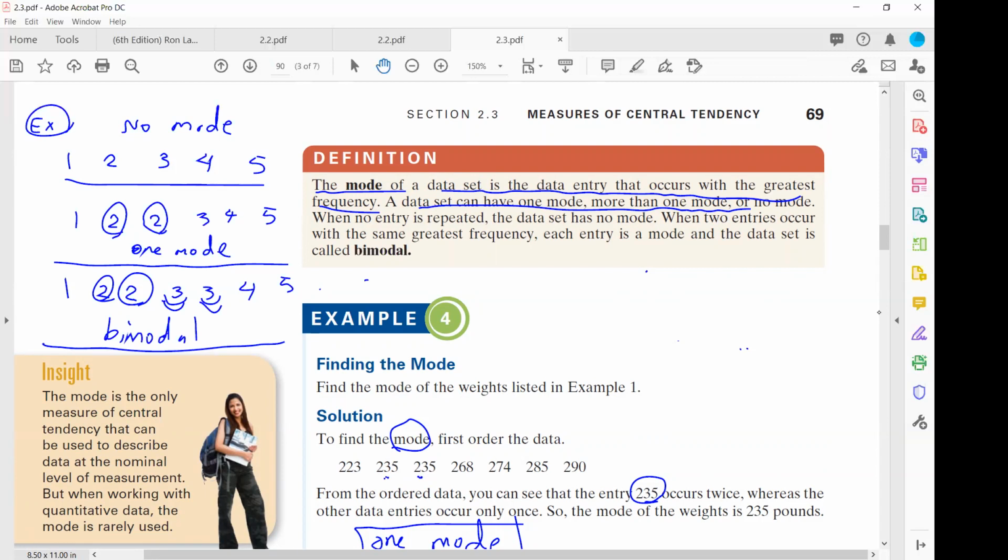Now take a look at this example. 1, 2, 2, 3, 3, 4, 4, and 5. 2 is repeated twice. 3 is repeated twice. 4 is repeated twice. Here you say that this set is multimodal.